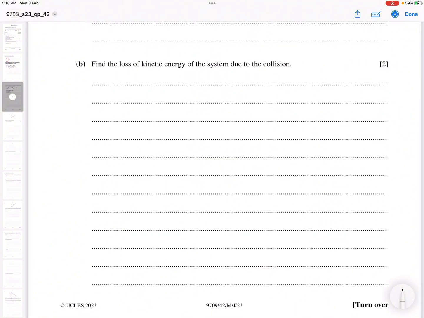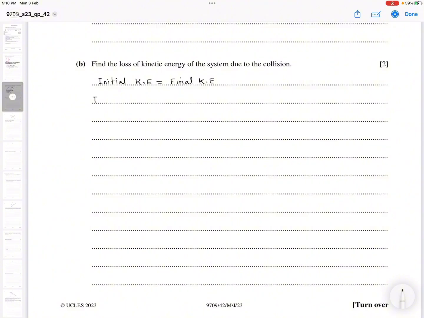In part B he says find the loss of kinetic energy of the system due to the collision. So here in this part our formula is something like this. You can say initial kinetic energy is equal to final kinetic energy. This is called conservation of mechanical energy.